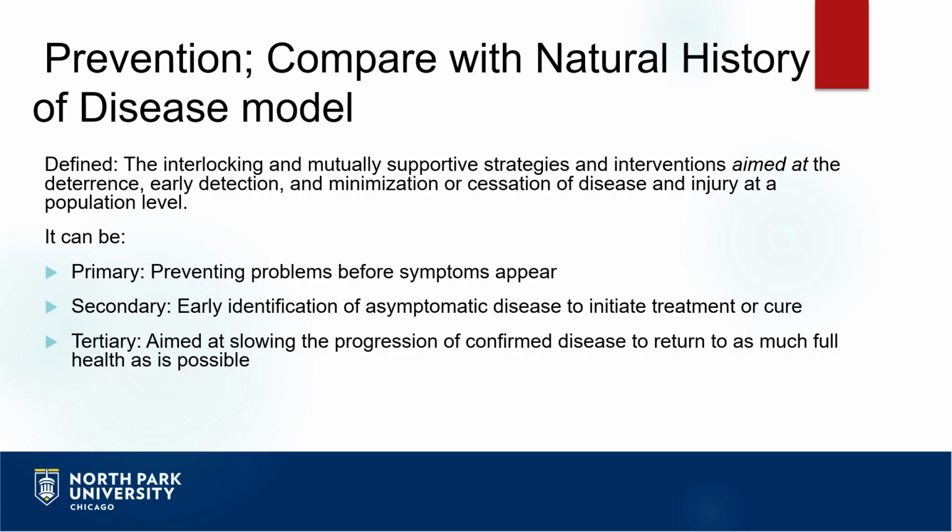And so you should know all of these levels back from when you became registered nurses. Primary, preventing problems before symptoms occur. Secondary, early identification of asymptomatic disease to initiate treatment or cure. And tertiary is aimed at slowing the progression of confirmed disease to return to as much full health as possible.